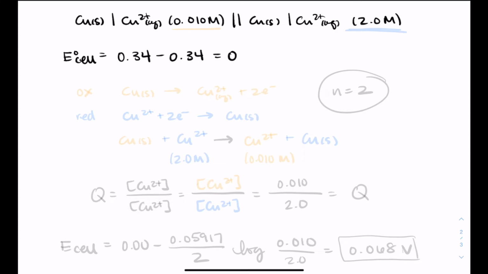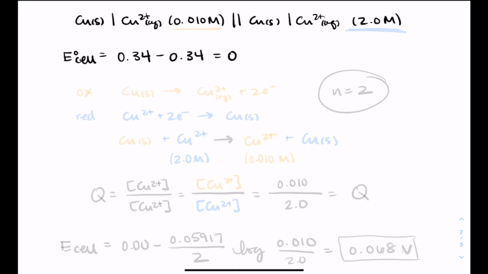No matter what, I have to start with a standard cell potential, and my reactions are the same. So my oxidation side is copper turning into copper 2 plus, and my reduction side is copper 2 plus turning into copper.